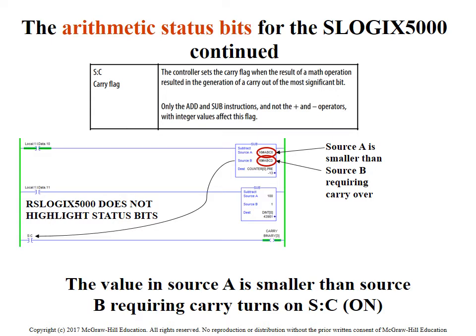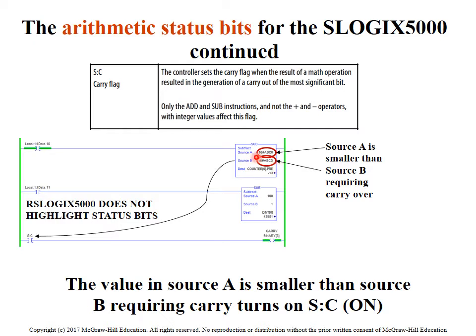So what I'm trying to illustrate here is a situation where I've got ABC0, which is smaller than ABCD. What it's saying is that I am trying to subtract a larger value from a smaller value.